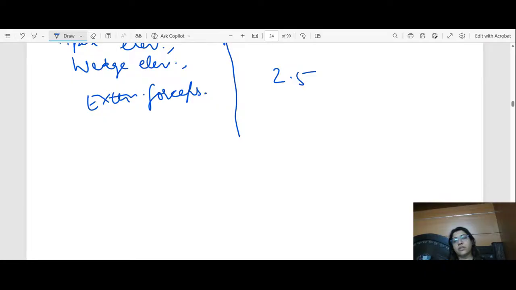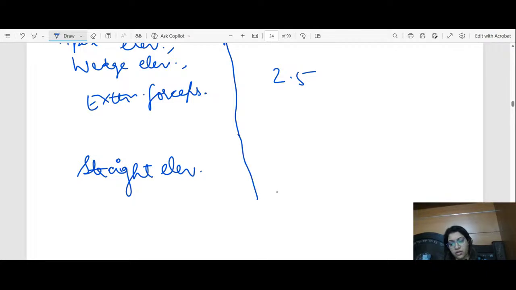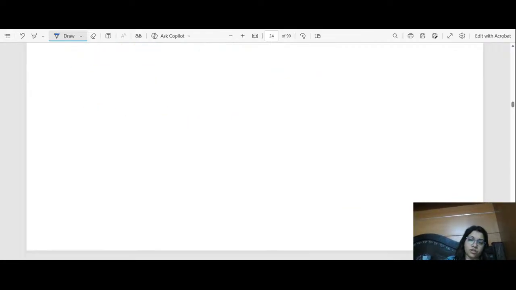Apex elevator, wedge elevator, and extraction forceps. And the straight elevator, the most common elevator used in exodontia, the mechanical advantage obtained is 3. Okay, remember these. Then we come to the next question.